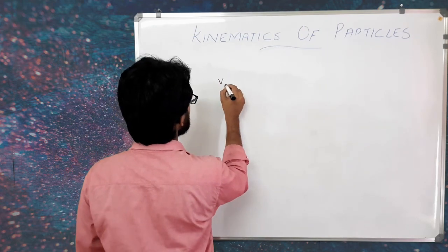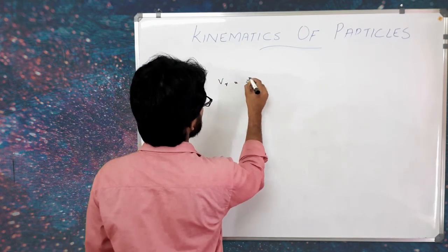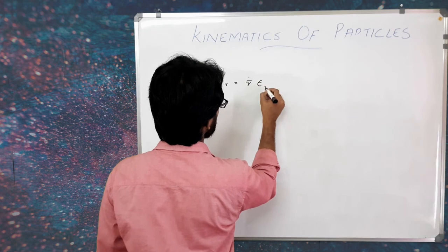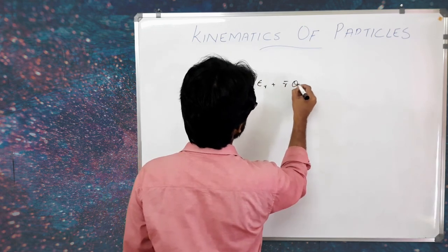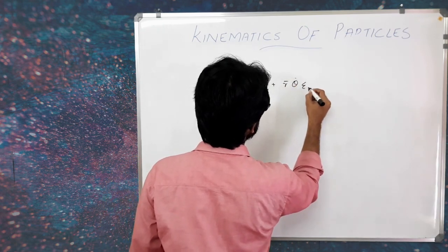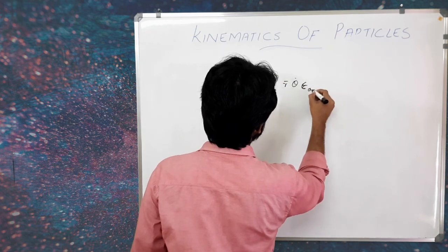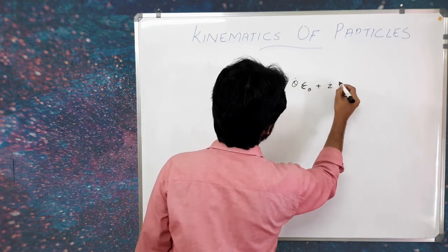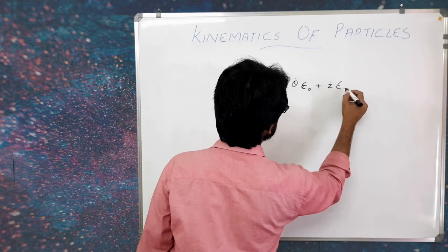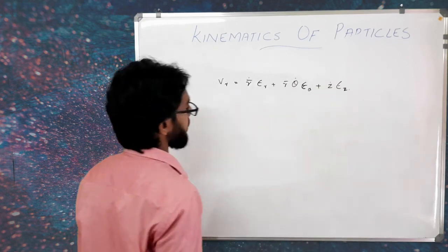We have the equation here, V equals r dash dot epsilon r plus r dash theta dot epsilon theta plus z dot epsilon z.